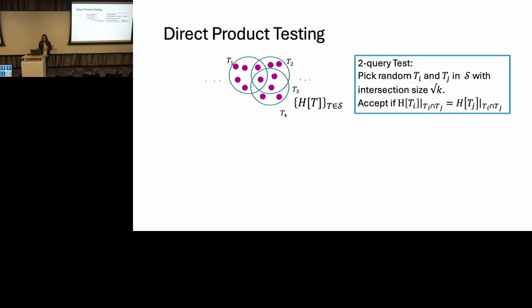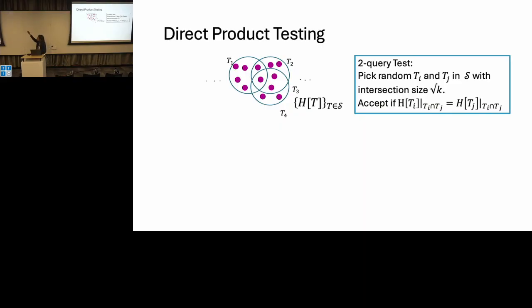The natural 2-query test is to pick 2 random sets from the set system which have some overlap, here it's convenient to consider overlap of square root k, and accept if h of ti restricted to the overlap is equal to h of tj restricted to the overlap.